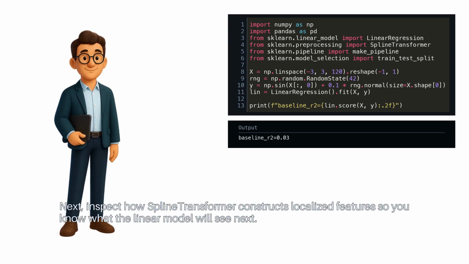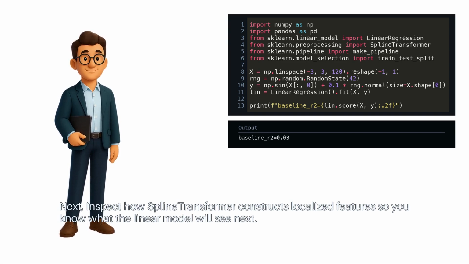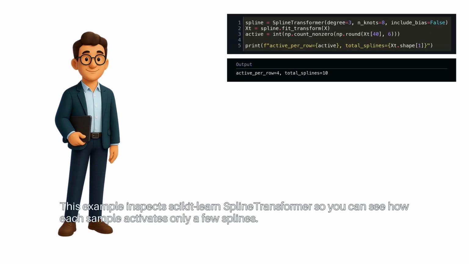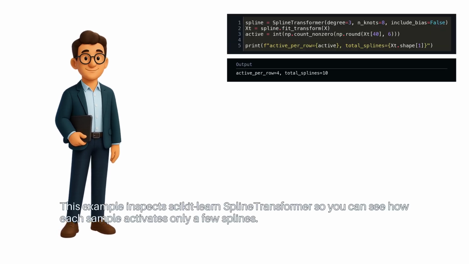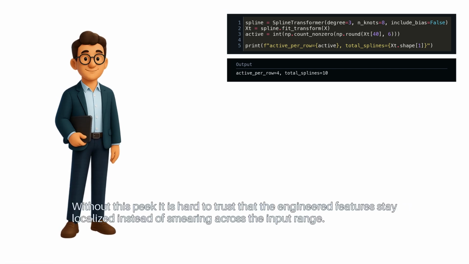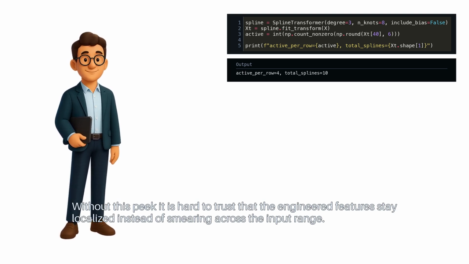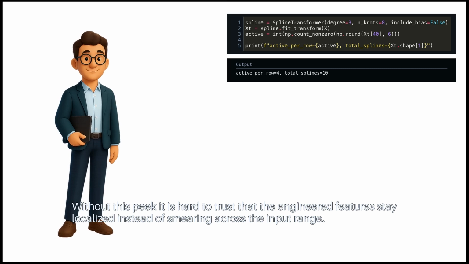Next, inspect how SplineTransformer constructs localized features so you know what the linear model will see next. This example inspects scikit-learn SplineTransformer so you can see how each sample activates only a few splines. Without this peek, it is hard to trust that the engineered features stay localized instead of smearing across the input range.